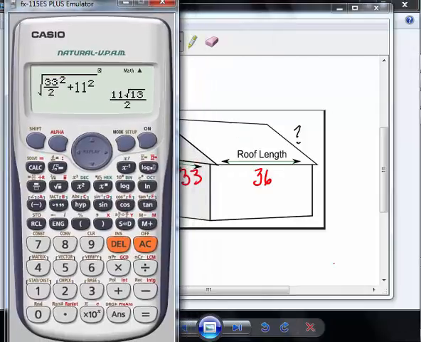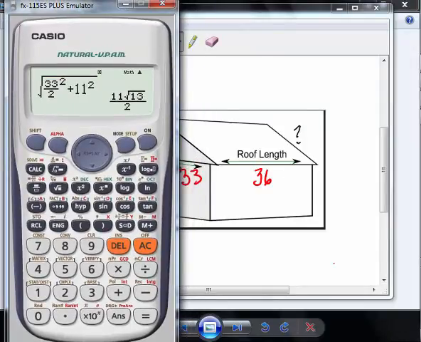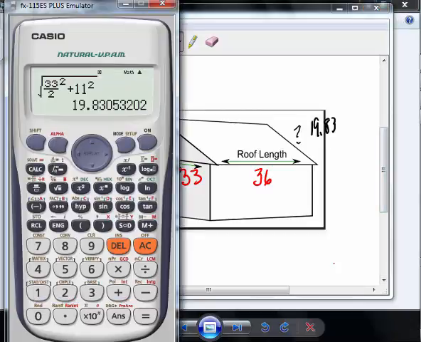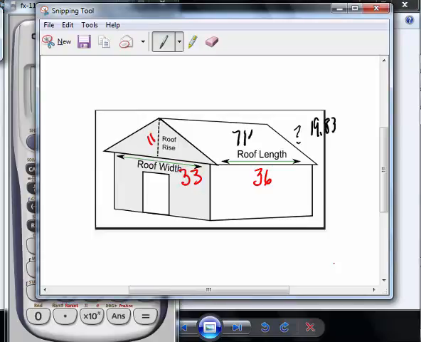So the length of the hypotenuse is 19.830 times 36, which means that each of those 2 roofs has an area of 714.